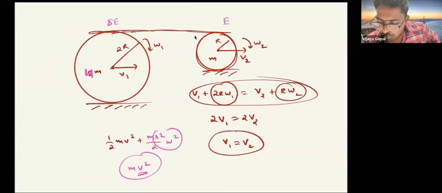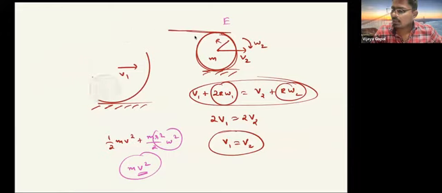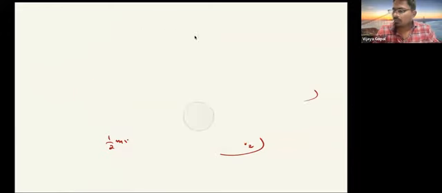Uniform solid sphere is released on a rough inclined surface of inclination theta. So it's just released, so initial velocity we take as 0.